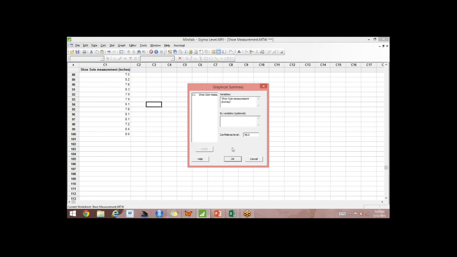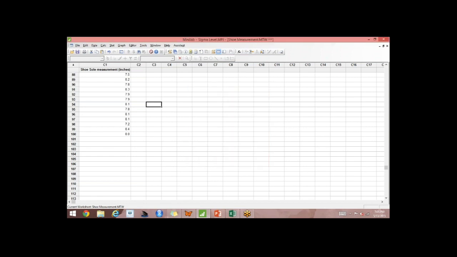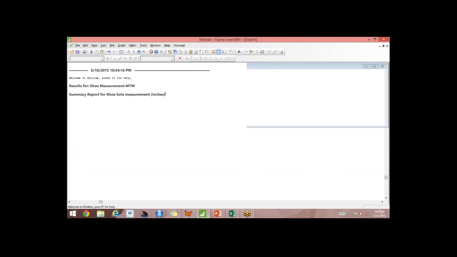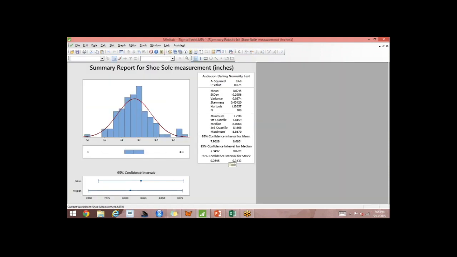This got selected. Now I click on OK. And this is going to give me a graphical representation. This is a histogram, the bars. This is the probability distribution curve. And here is a box plot. We discussed all these things in our introduction.